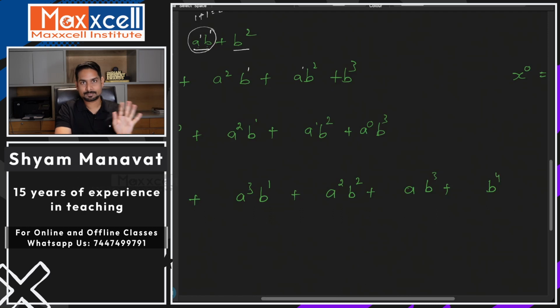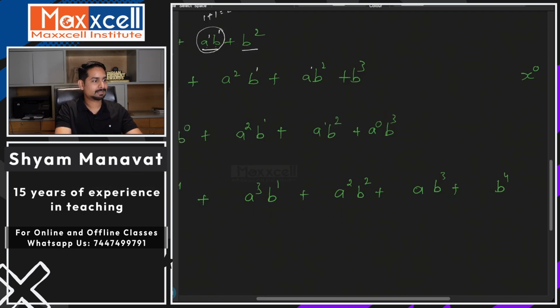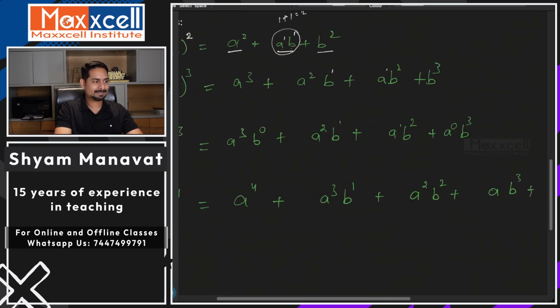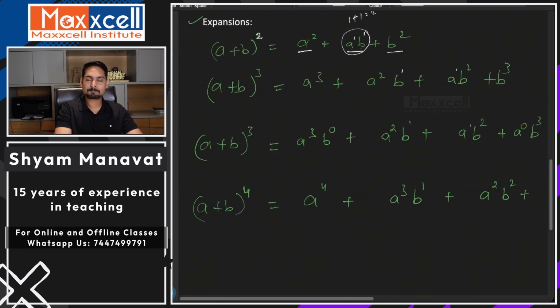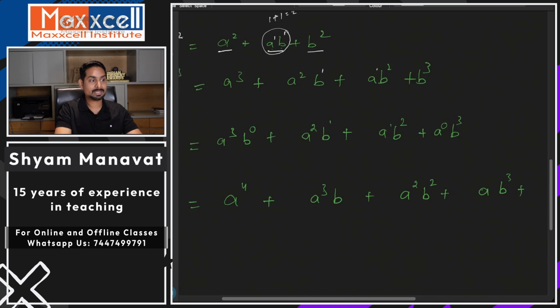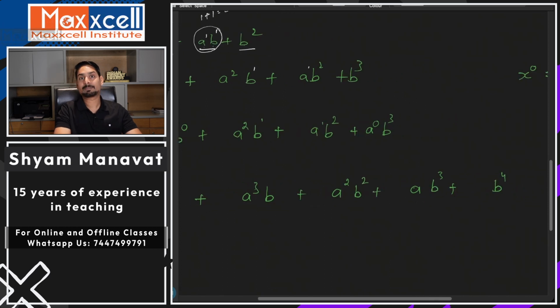So a is wiped out. You must have got the same arrangement: a to the power 4, a cube b, we never write 1, a square b square, ab cube, b to the power 4, right?